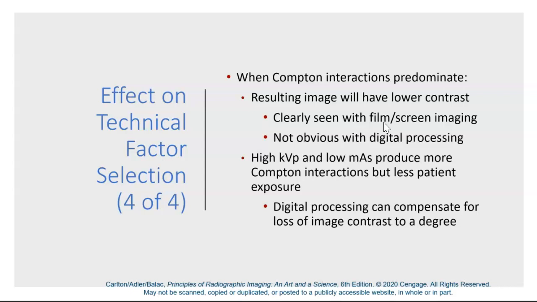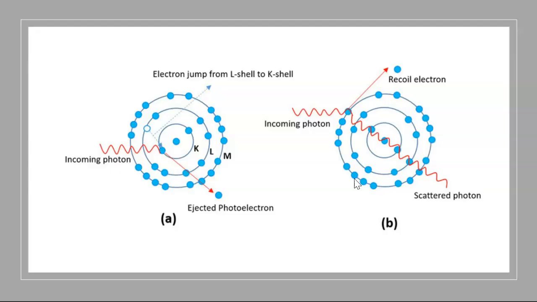Here we go again, right? So high kVp and low mass produce more Compton interactions, but less patient exposure or dose. So there's got to be a happy medium in there, right? Digital processing can compensate for loss of image contrast to a degree. So we can window it and try to make it look pretty.